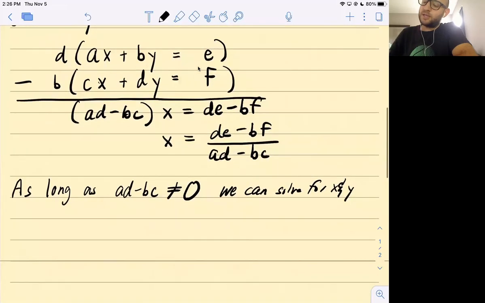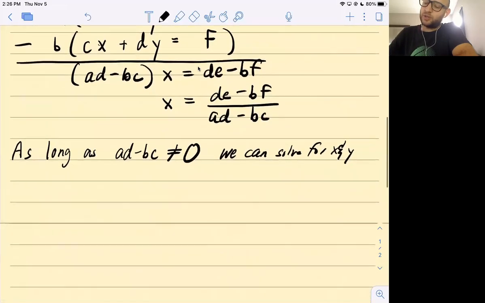Okay, now let's investigate what this pattern actually is doing. And this pattern is called the determinant of the matrix. And if you notice, it doesn't have anything to do with the augmented part.